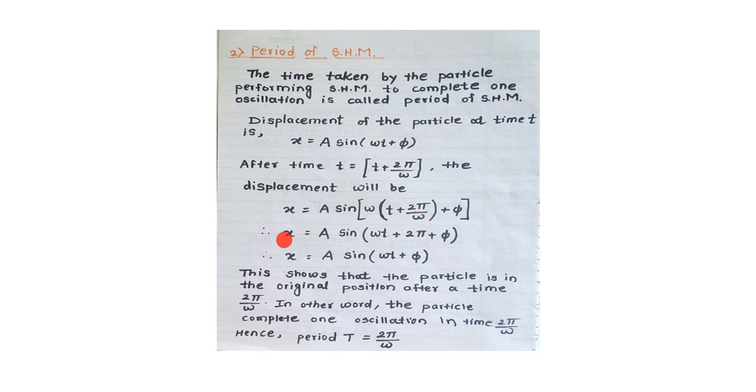Solving this we get x equals a sin(omega t plus 2 pi plus phi), and again solving we get x equals a sin(omega t plus phi). This shows that the particle is in the original position after a time 2 pi by omega, in other words the particle completes one oscillation in time 2 pi by omega. So the period T equals 2 pi by omega.